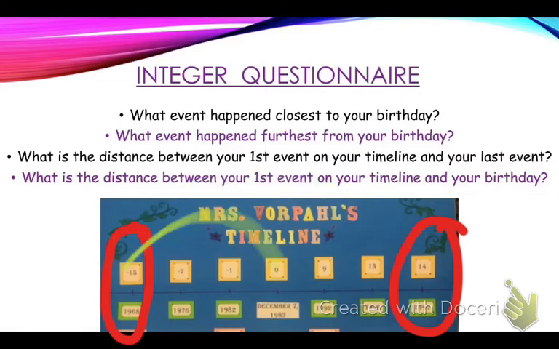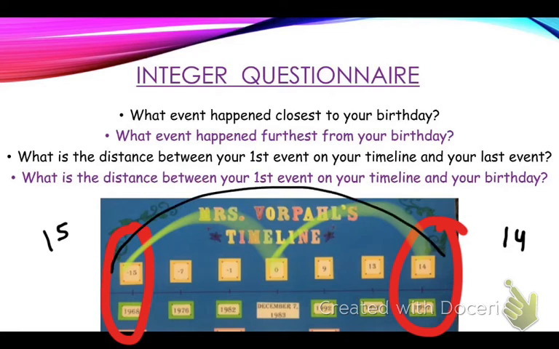How many years is it from here to my birthday? 15. That's 15 years. How many years is it from my birthday to over here when I went to a public school? 14. So guys, what is the distance from here to there? Excellent. 29 years is the correct answer because 15 plus 14 is 29.